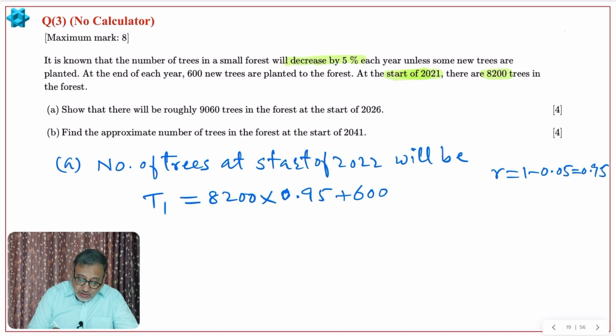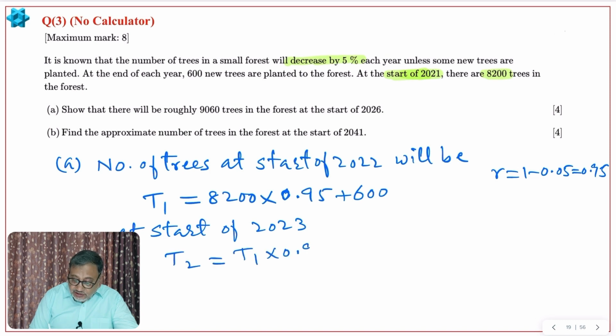So at the start of 2023, T2, T1 into 0.95 plus 600 will be there, and T1 is 8200 into 0.95 plus 600.